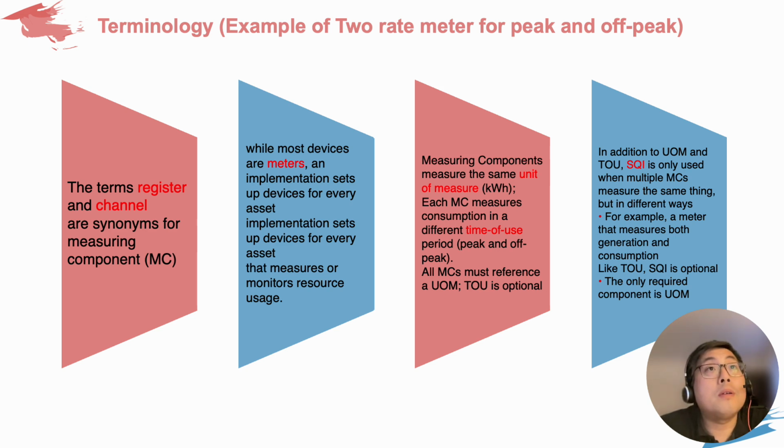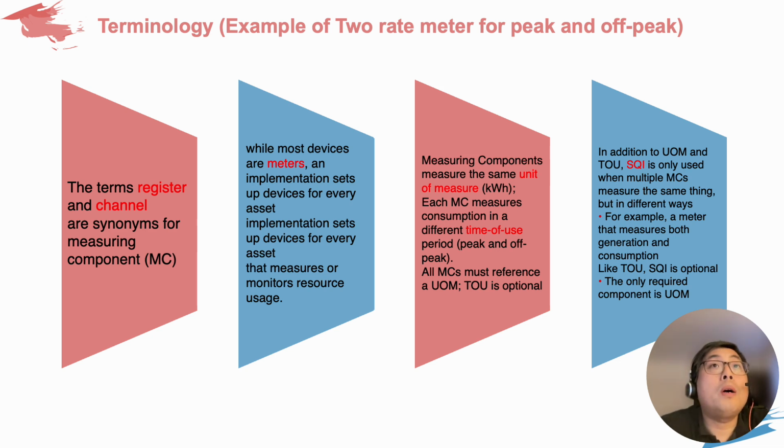Okay, so the terms register and channel are actually synonyms for measuring components. So measuring components actually capture the register. So in this case, if it's a two-rate meter, we will have two measuring components.